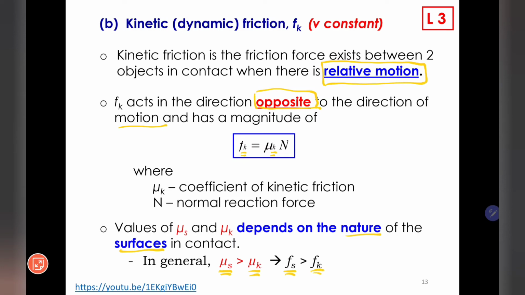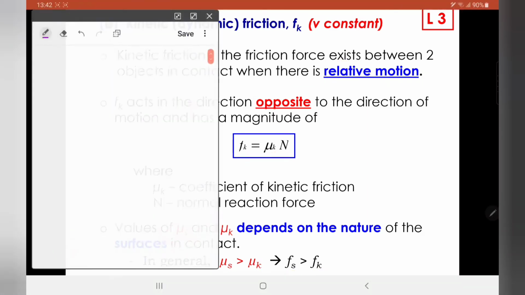Alright, so how do we get that? From the equation, as we know from before, in general the equation of friction equals mu n. So the static frictional force equals mu s n, and the kinetic frictional force equals mu k n.